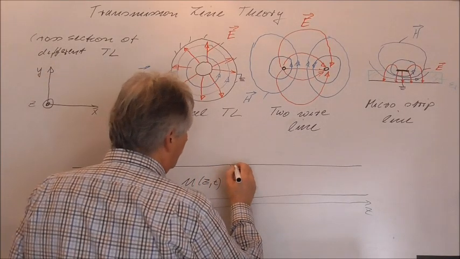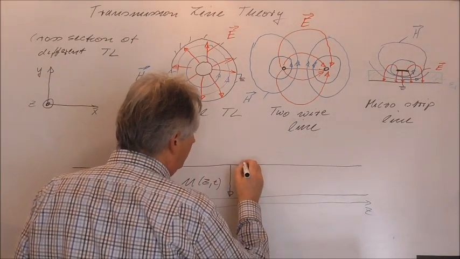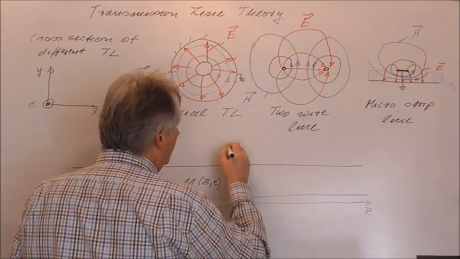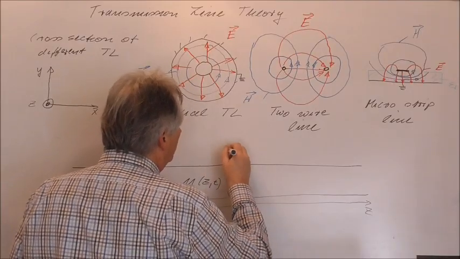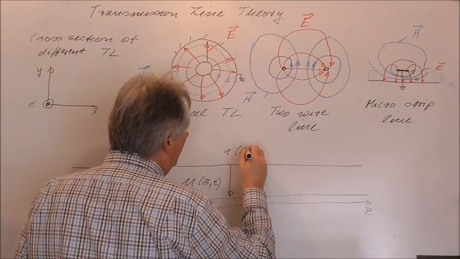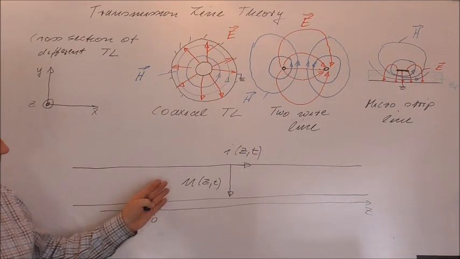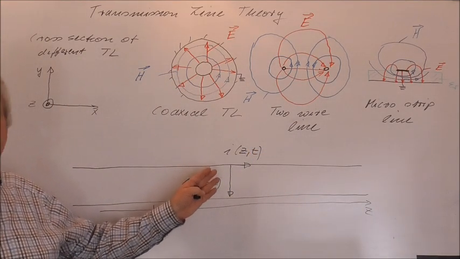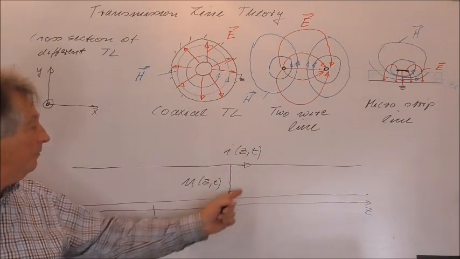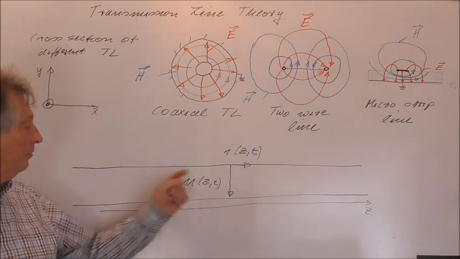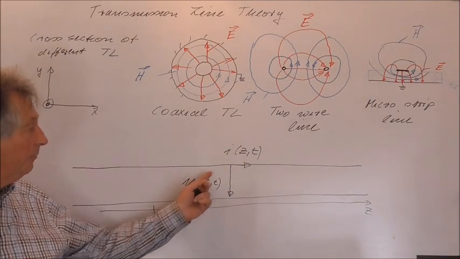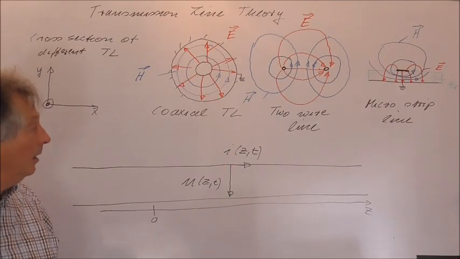And also the current we will introduce here will be a function of the space coordinate and the time. So the question is now, what do these functions look like as a function of the space coordinate and the time?